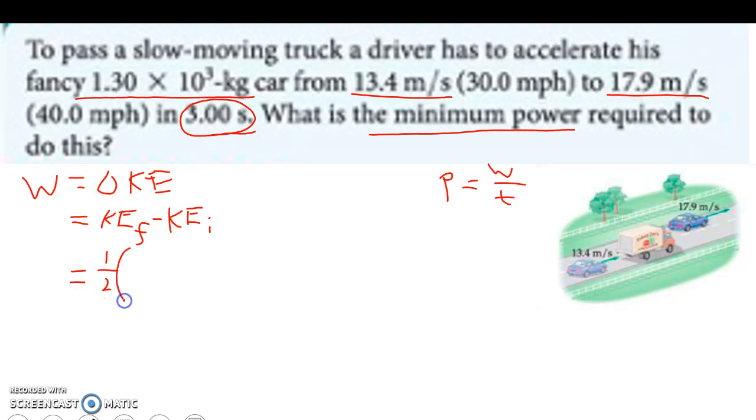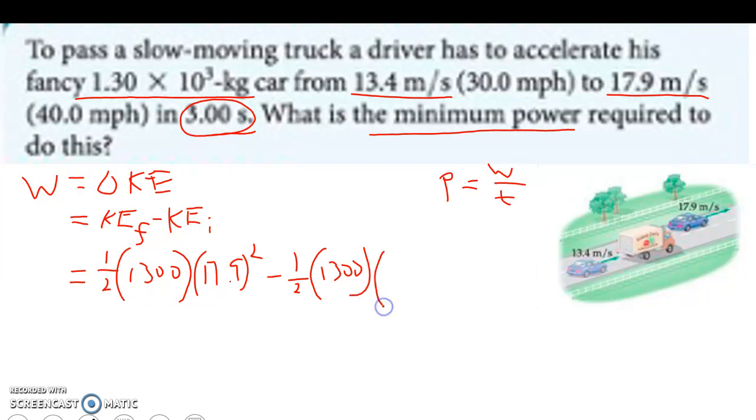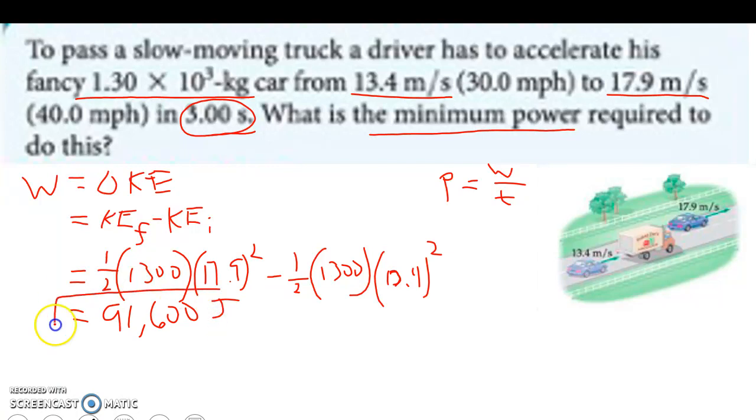The final kinetic energy is 1/2 times the mass, 1,300 kilograms, multiplied by our final velocity, 17.9, squared, minus 1/2 times 1,300 times our initial velocity, 13.4 meters per second, also squared. We do all those calculations, and we get work to be 91,600 joules. So we have the work needed to be done by our engine.